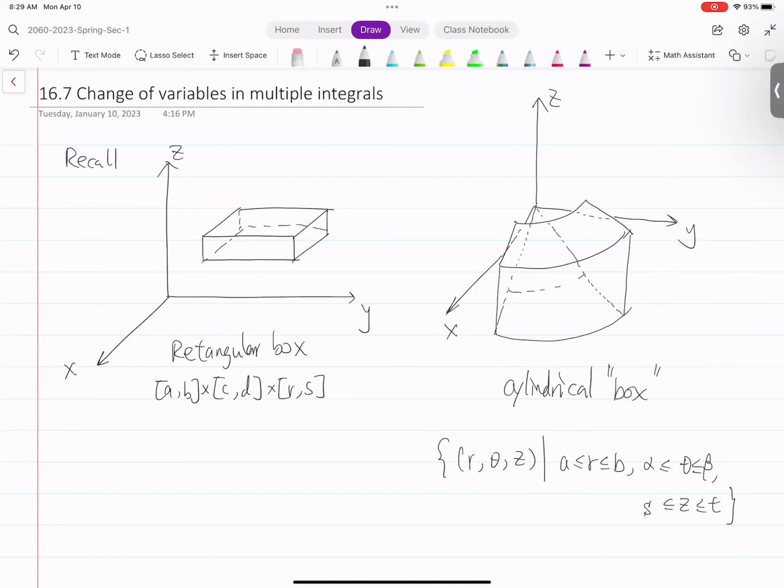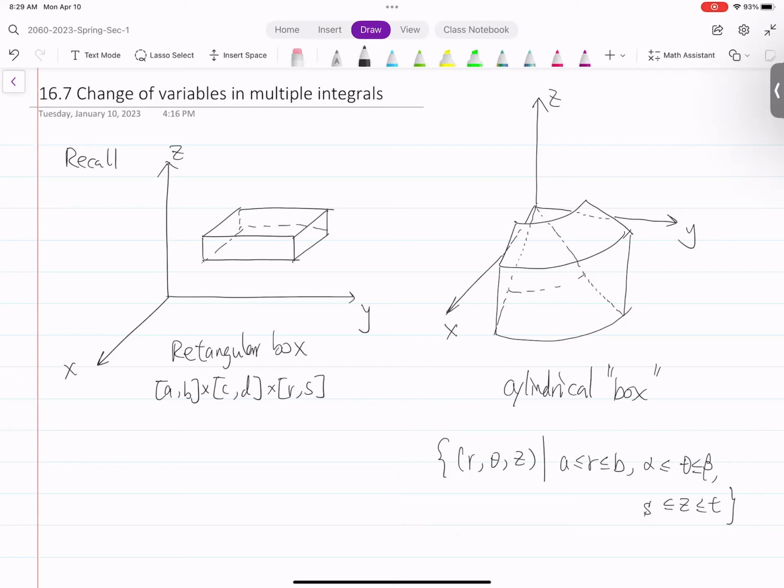But now, if you're looking at this cylindrical box right here, we're defining everything in terms of r, theta, and z. But now the formulation looks to be exactly a rectangle, but it's in a different coordinate system.